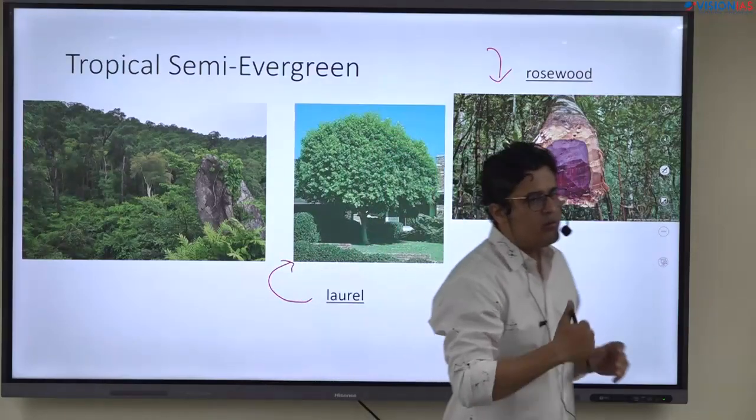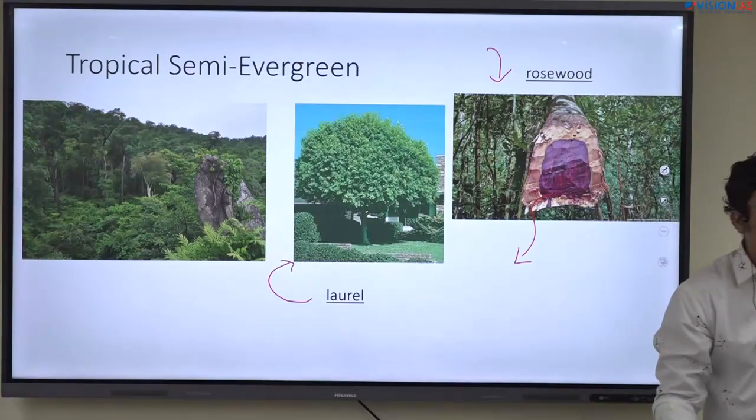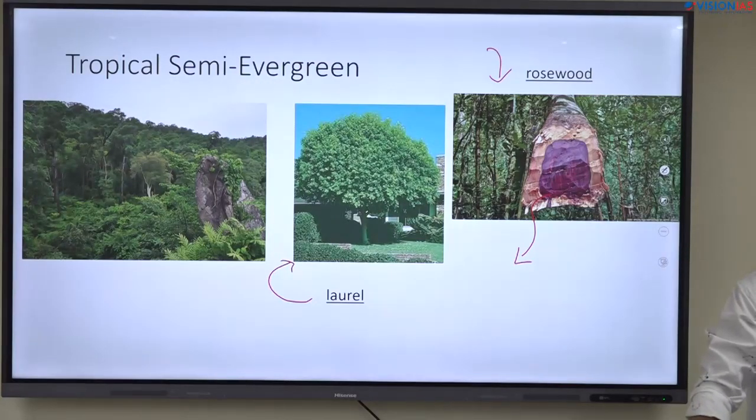Rosewood is majorly used for furniture manufacturing in India. This particular tree has huge demand in the furniture making industry. It is majorly used for making handicrafts, artcrafts and furniture because the product that you make from this particular wood appears very beautiful. It has an aesthetic value.